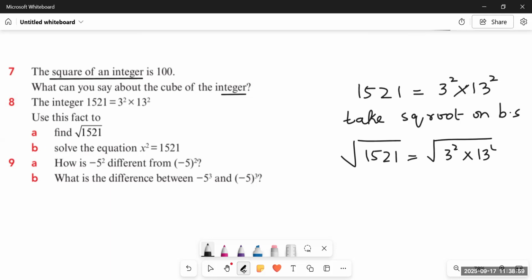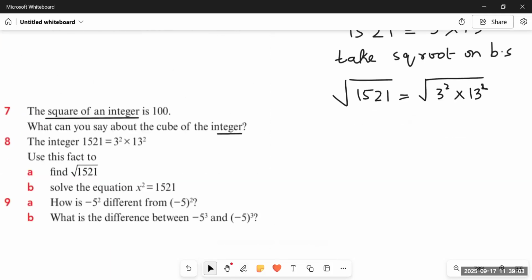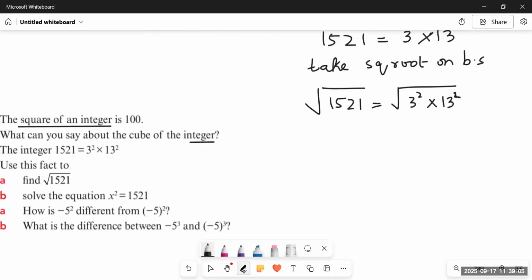Since the numbers are getting multiplied, we can split them into 2 square roots, or we can do it directly. If all the factors have power 2, all the factors will cut this square root sign and we are left with 3 multiplied by 13. So under root 1521 is equals to 3 multiplied by 13, that is 39.